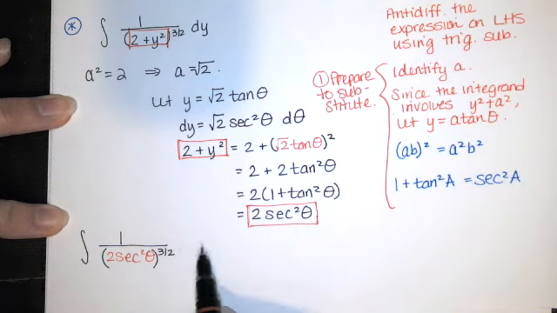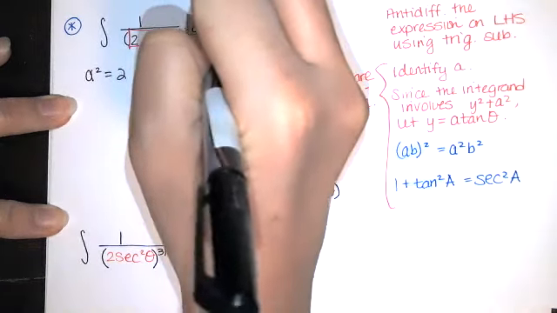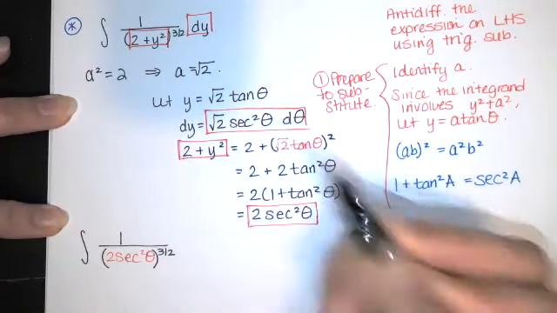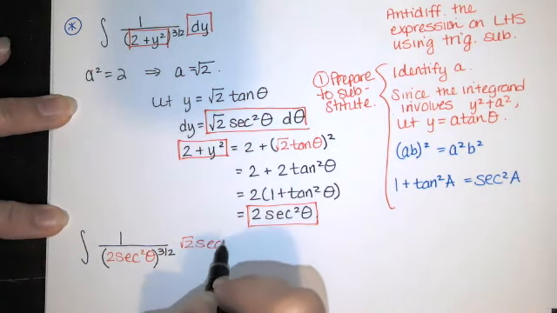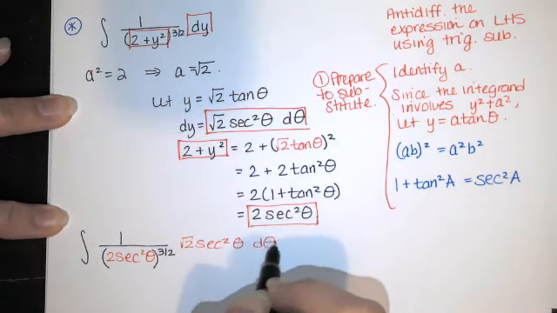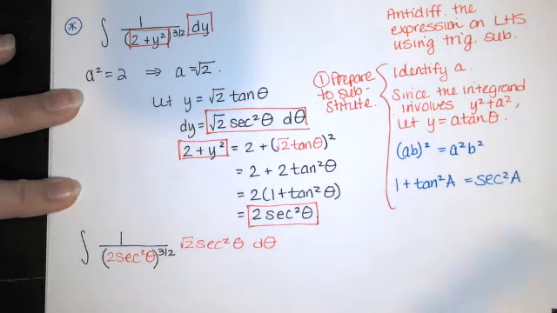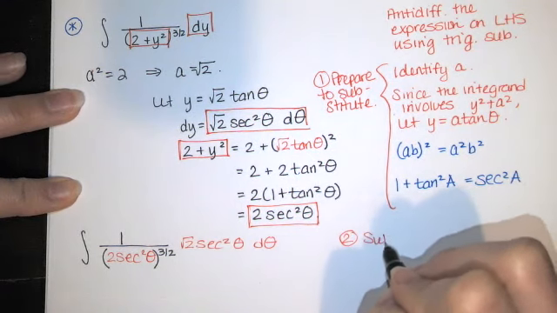Now dy, again, is not d theta. dy is being replaced by this, because in terms of theta, that's what dy is. It's the square root of 2 times secant squared theta d theta. So this is what I would typically call in Calculus 2 our second step.